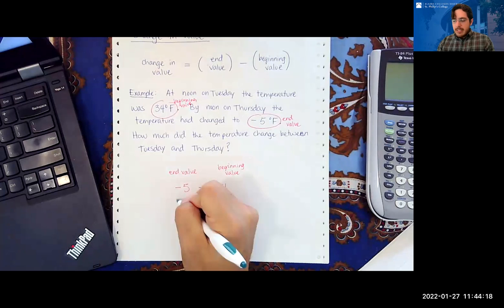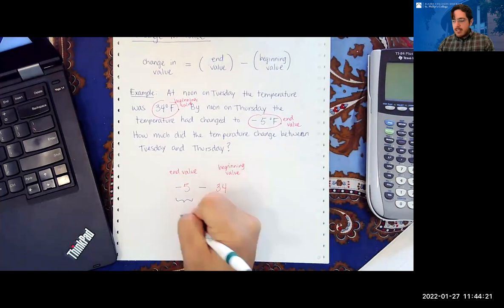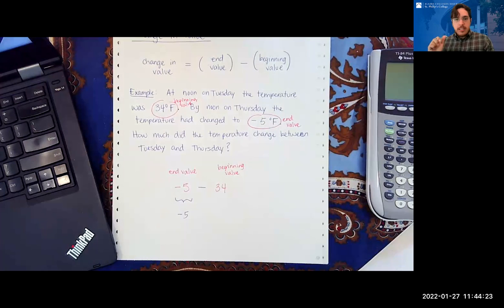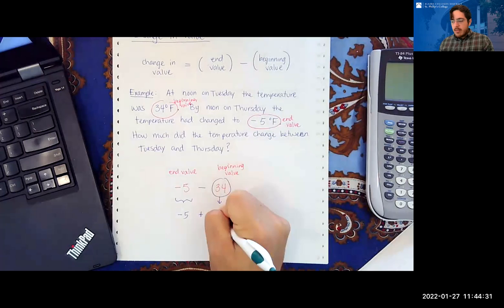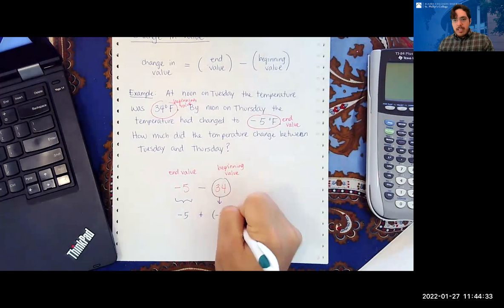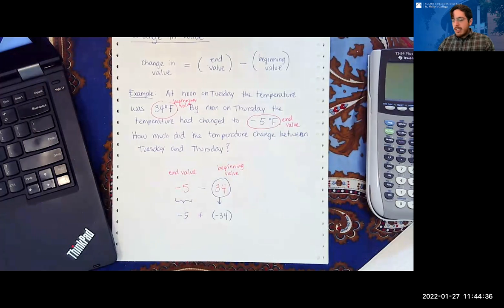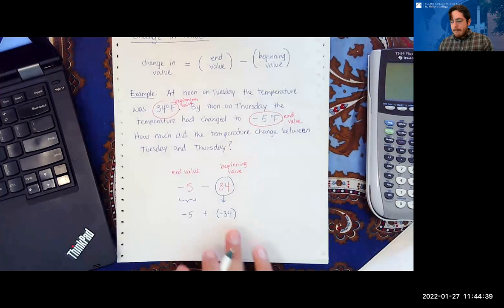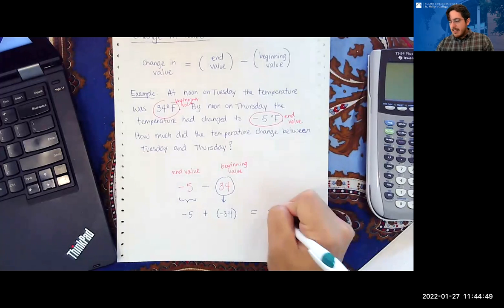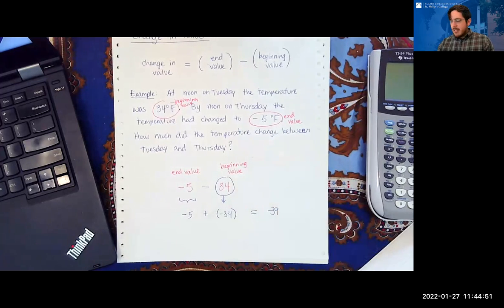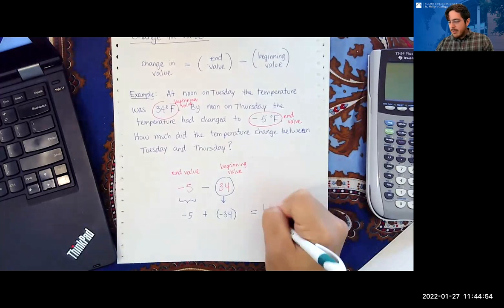So this should be -5. We're going to keep that. Change to addition. And then take our second number and switch it to its opposite, which is -34. So if I then am adding these two negative numbers together, what should my result be? -39. Yeah, -39. There we go. Sorry, I wrote that a little bit weird, but -39 is correct.